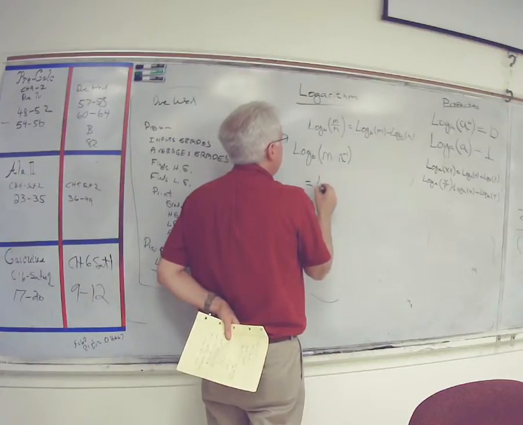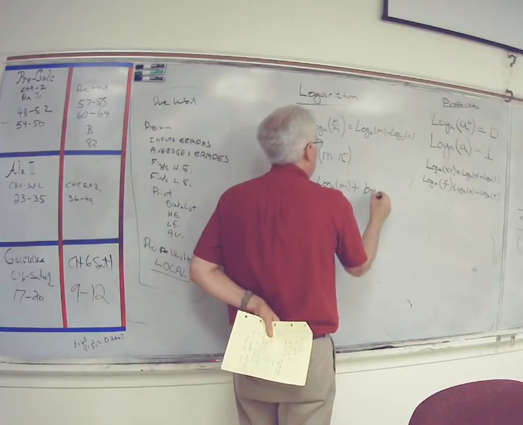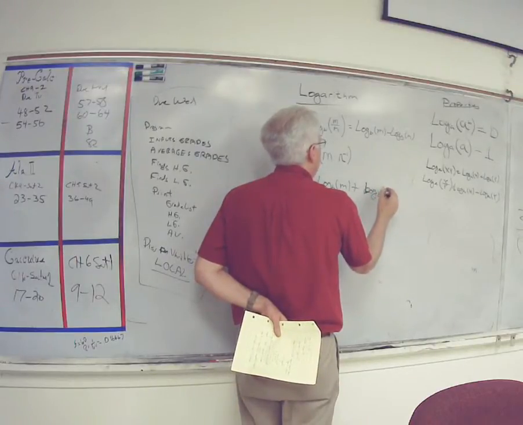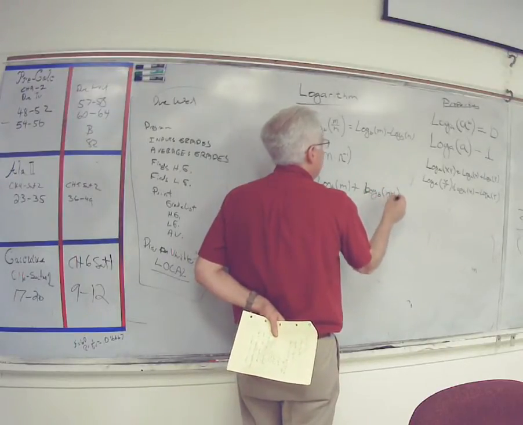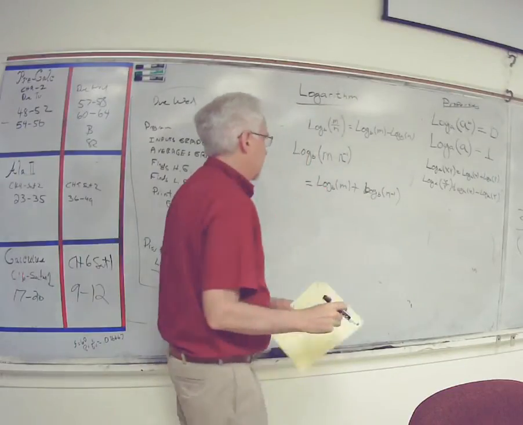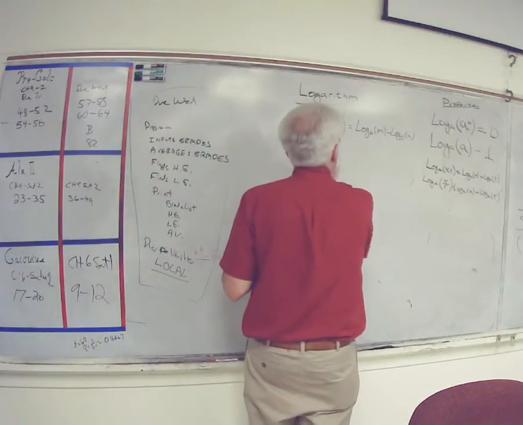And so that would be log b of m plus log b of n to the negative 1, and then the negative 1 would come down, right? And then it would be minus, okay? See, it's a different way of doing it.